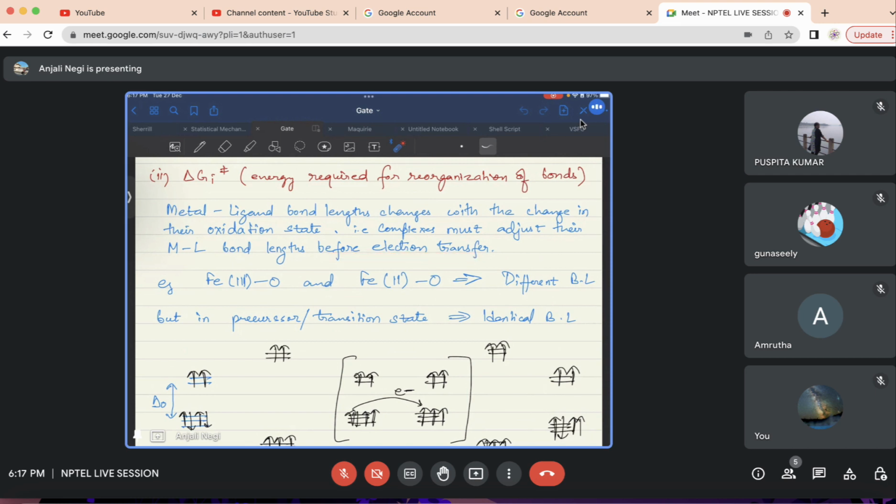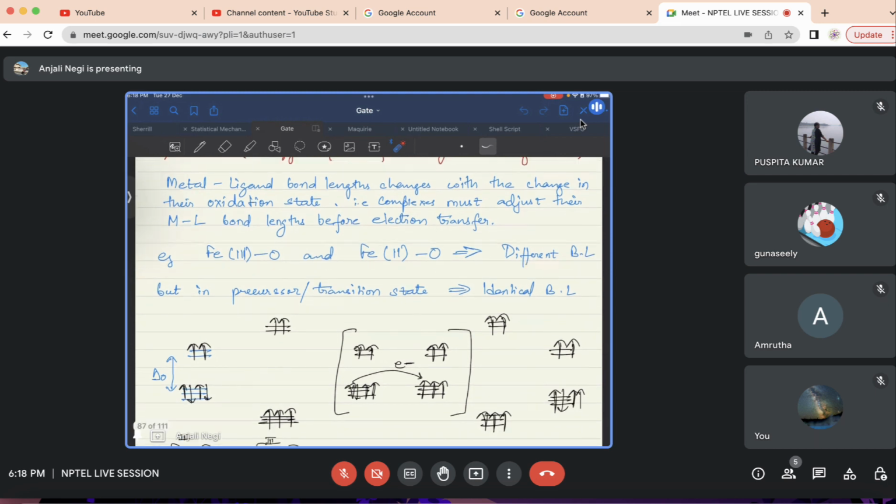If we look into the example of this Fe3+-O bond and this Fe2+-O bond, there will be a different bond length. You agree, I think. But in the precursor or transition state, they must have identical bond length to have the electron transfer. So what does that mean?